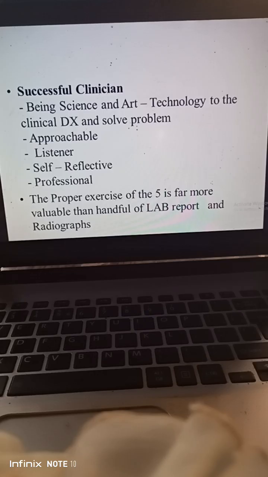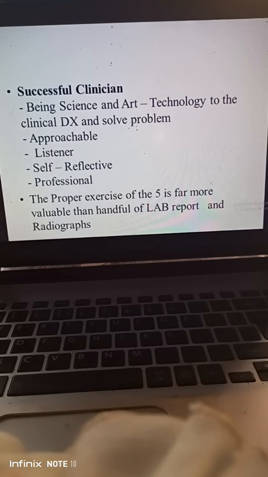The first important terminology is approachable. You have to be approachable to your patient. You have to be a listener. You have to listen to your patient, what your patient is saying, what is the main worry of your patient. The other thing is you have to be self reflective. When you say self reflective, it means you have to analyze your interactions and your practices with your patient.